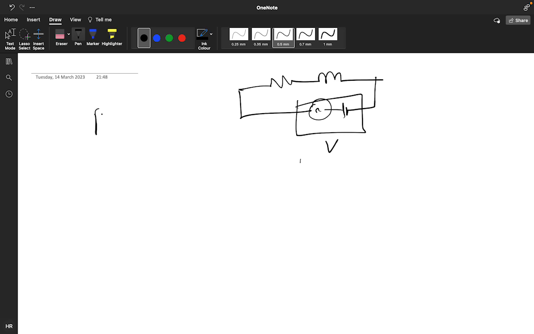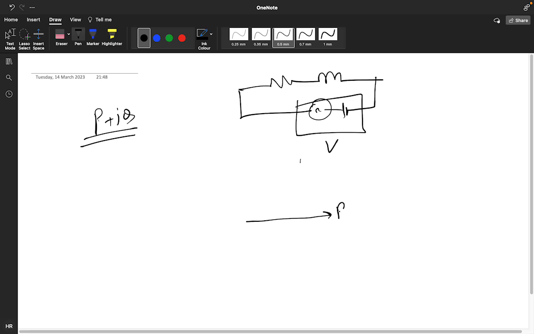You are getting the terms in P plus jQ. So suppose you have P here as reference, and Q will be 90 degree. So if you want to draw the vector, you have to shift.